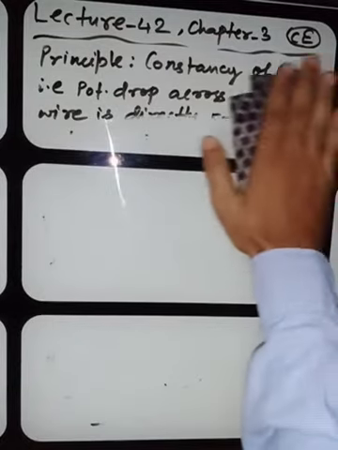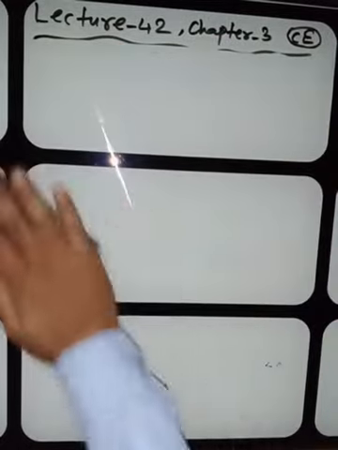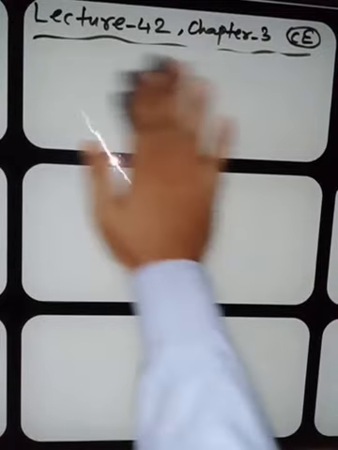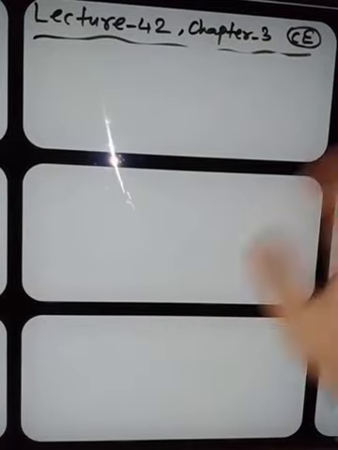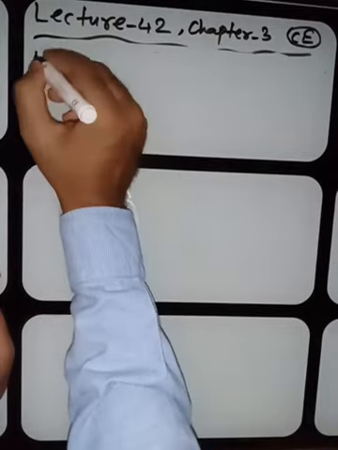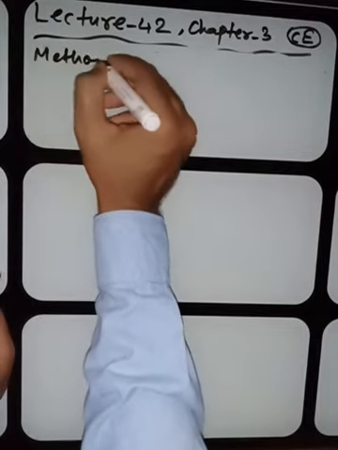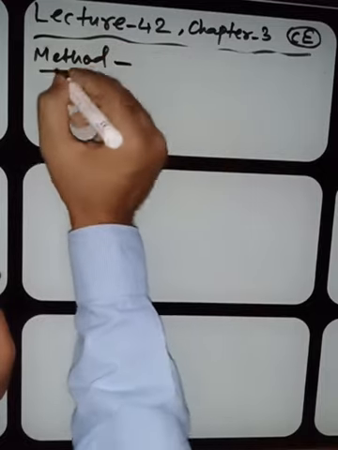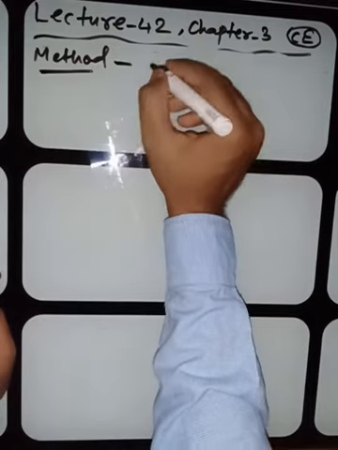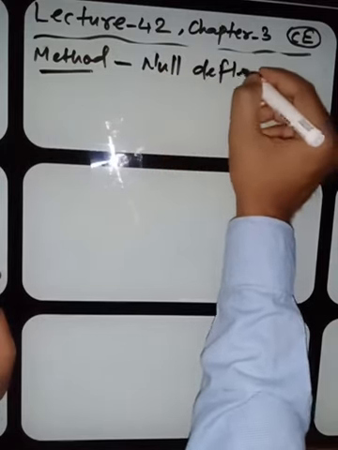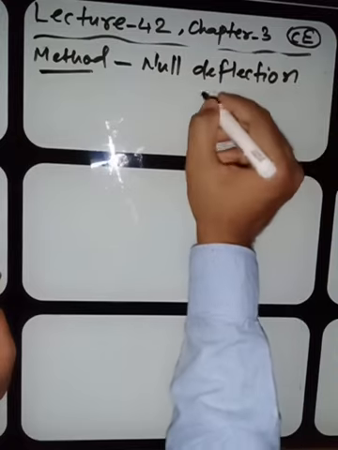Now we will try to understand the method. To explain that method, I will take a very simple example before writing it. This method is called the null deflection method.